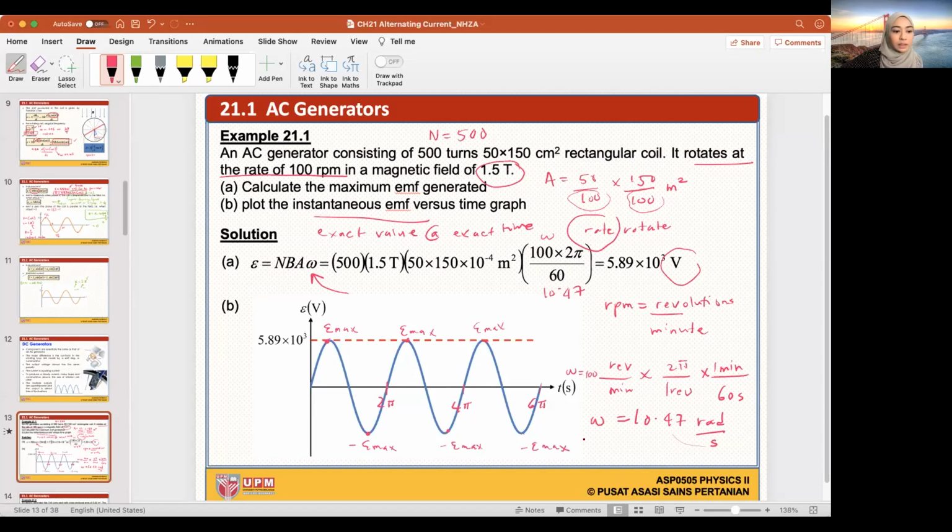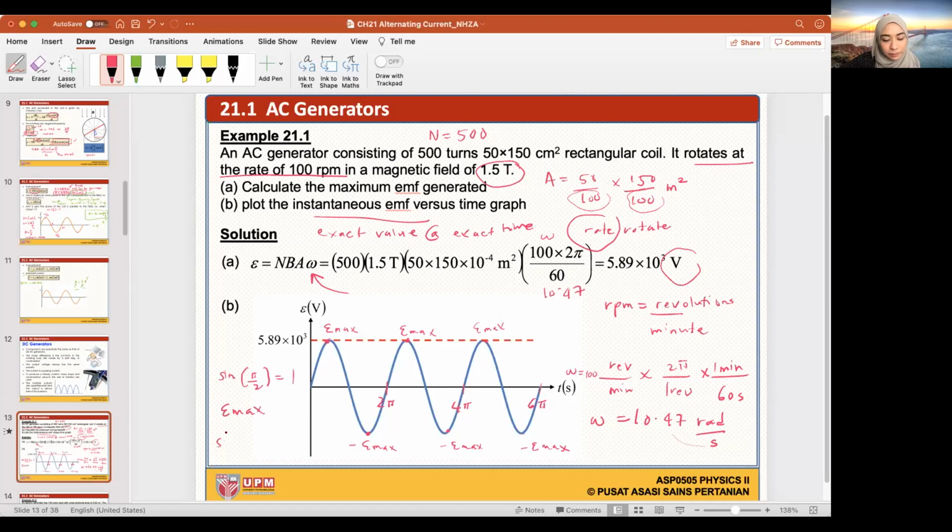If I'm going too fast, let me know if you want me to repeat any parts. So it follows the sine function. We know what is the maximum EMF, and I told you at sine pi over 2, it is equal to 1, which will give us our E max.